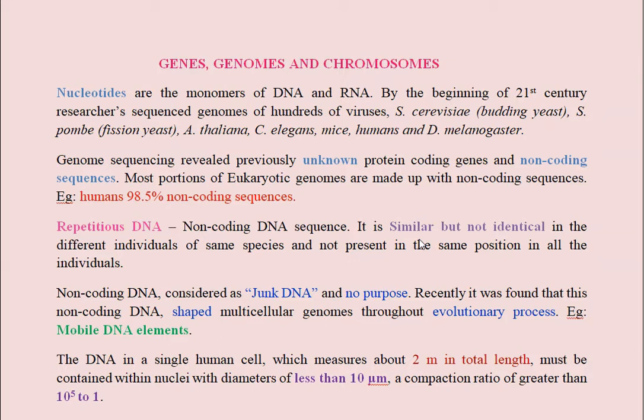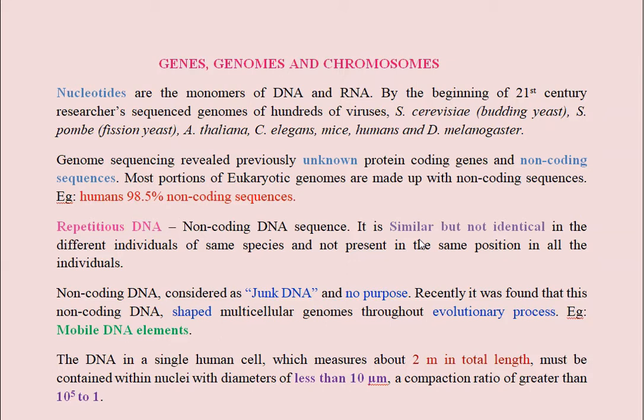If you take two persons who are not even related to each other and compare their non-coding sequence, there is some similarity, but not exactly identical. Another thing also: if some non-coding sequence is present in the sixth chromosome in my genome, it may be present in the fifth chromosome in your genome, because our ancestral lineage, I'm not talking about the species, our forefathers and their ancestors are different. So that's why that will change.